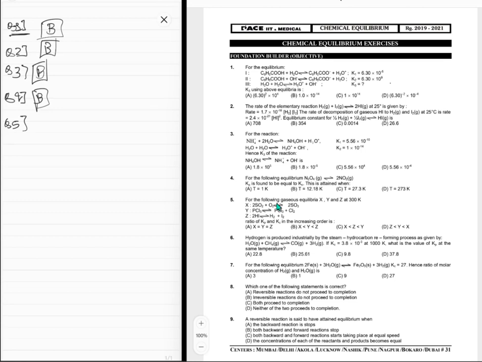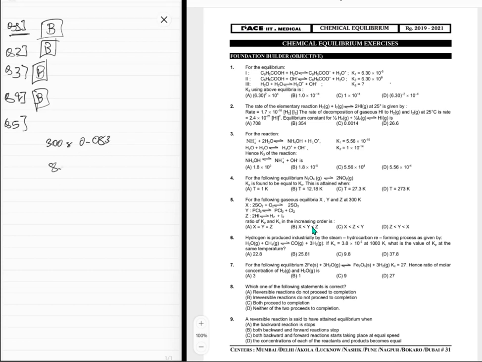Question number 5. For the following gaseous equilibria, ratio of Kp and Kc in the increasing order. Oh, okay. So RT is generally bigger than 1. At 300 Kelvin, yeah, then it's bigger than 1, because 300 times 0.08 something, like 3 maybe.